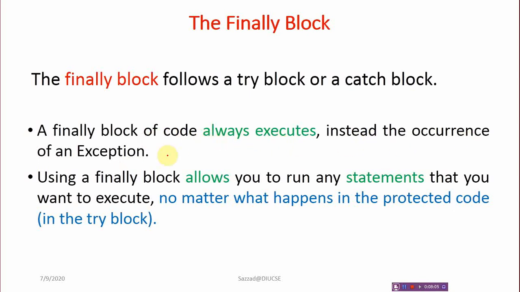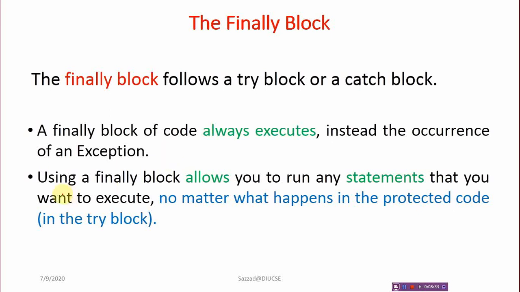So it is helpful when there are many statements after the try and catch block, and we are confused that if the exception is not handled properly, then the remaining code does not execute at all. At that point, we can use the finally block so that we can make sure that whatever happens in the try and catch block, the remaining code must execute.